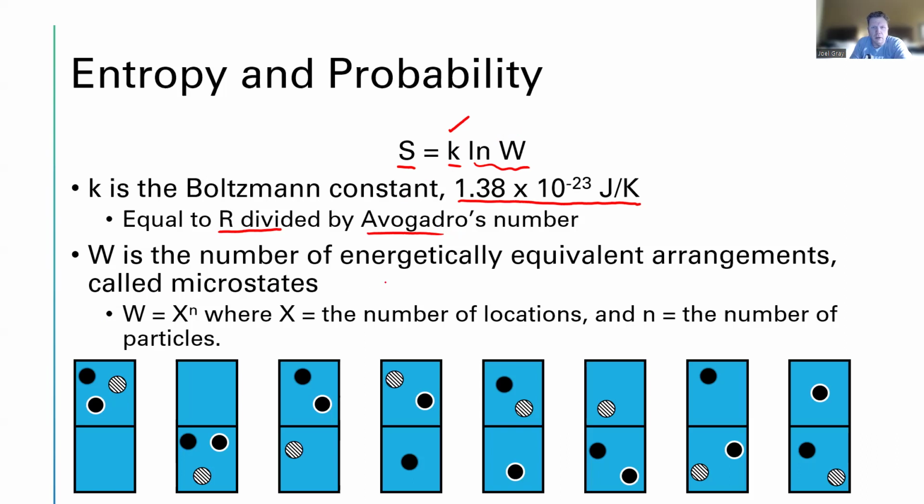Well, W is the number of energetically equivalent arrangements called microstates.